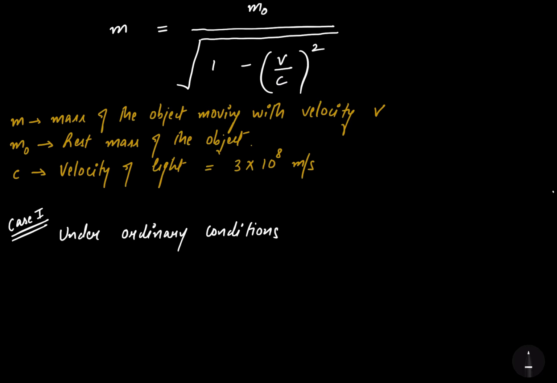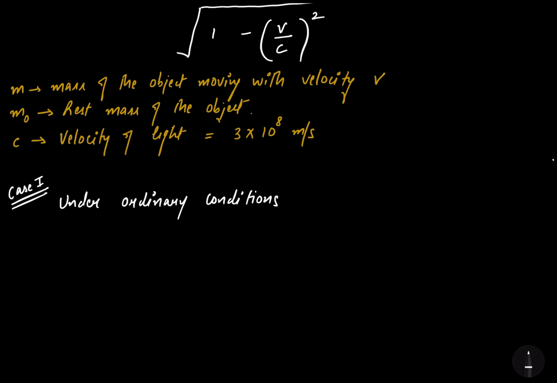Let me take an example of a car or a motorcycle which can achieve the speed of light. That means we are talking about the ordinary conditions. That's why I have taken the example of a car or a scooter or a motorcycle or a bike.